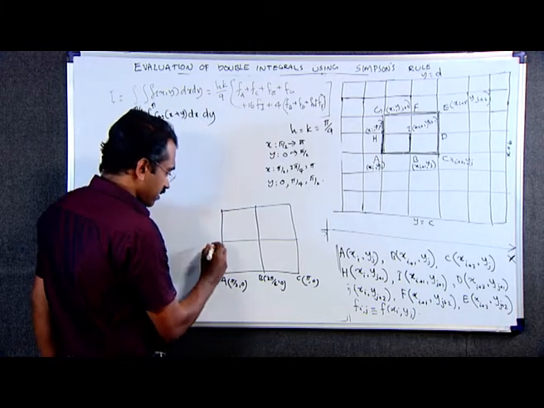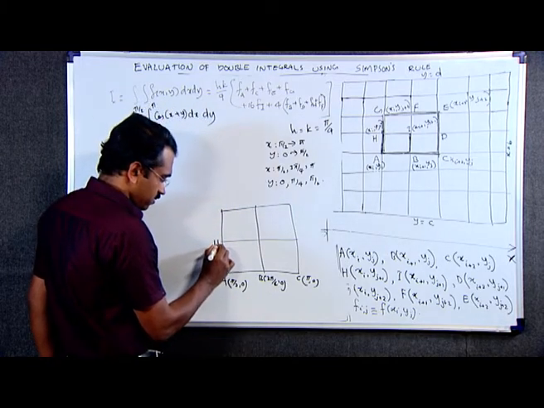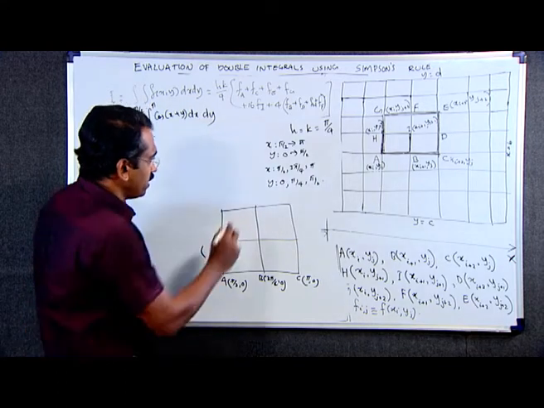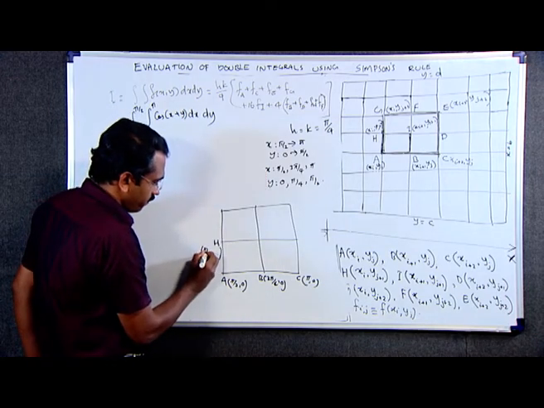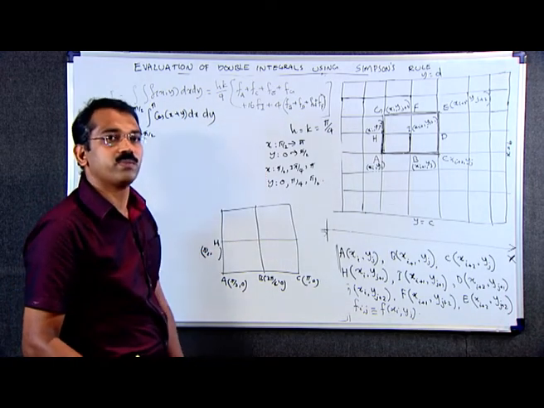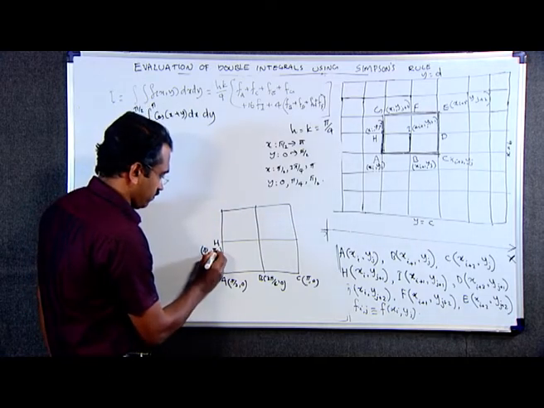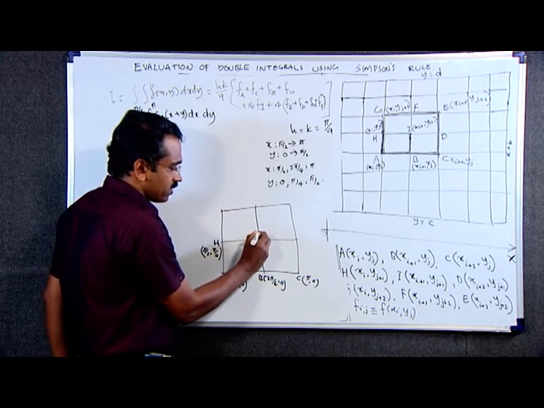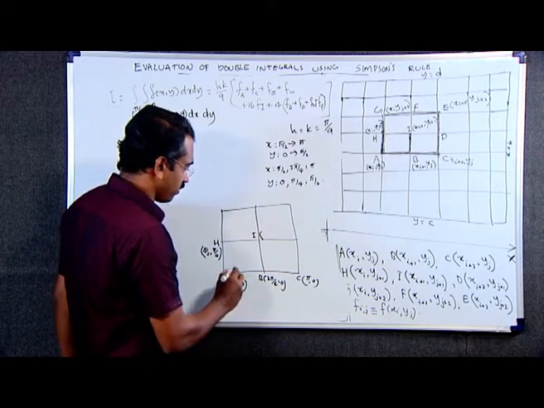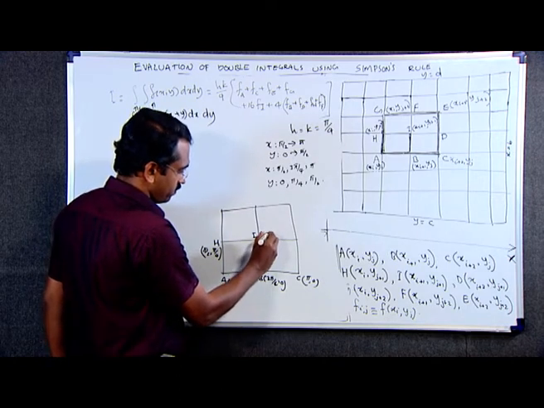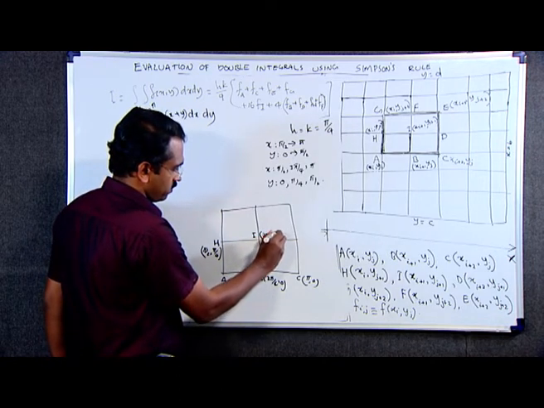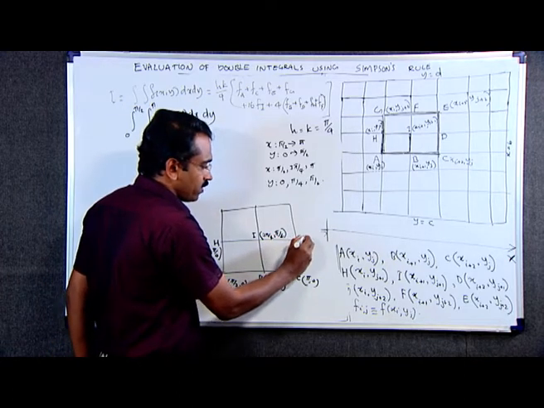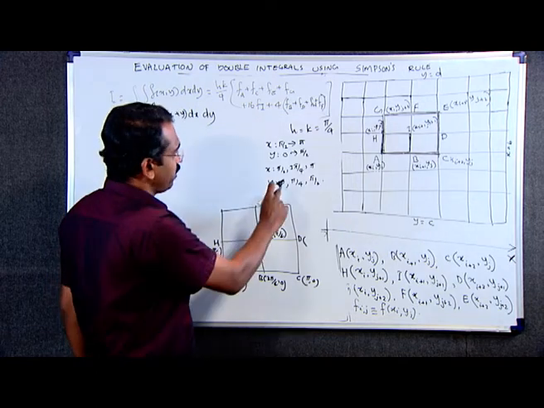The point H is here. X coordinate is pi by 2, y coordinate is pi by 4. This is the center point I, the point 3 pi by 4 comma pi by 4. This point is D, which is pi comma pi by 4.